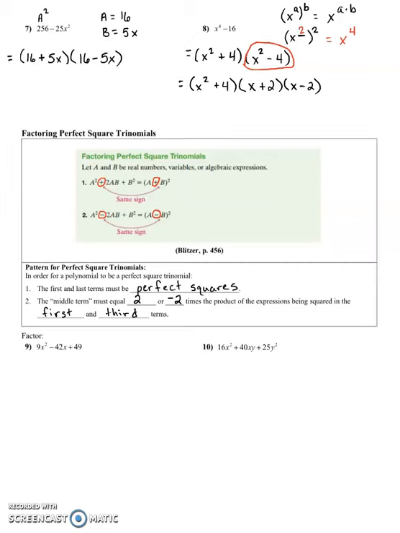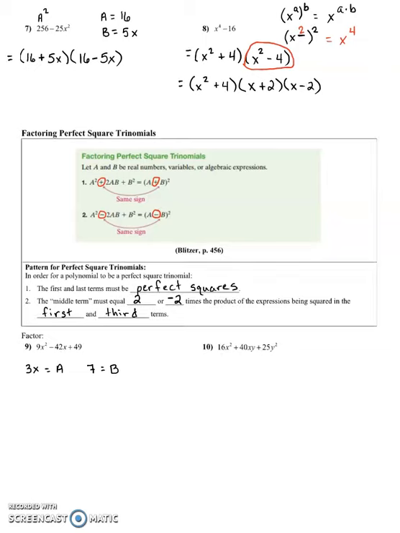So how does that work? Well, if our first term, looking at number 9, is 9x squared, 9 is a perfect square because it's 3 squared. So 3x is our a. If we look at the third term, it's 49. So 7 is our b.